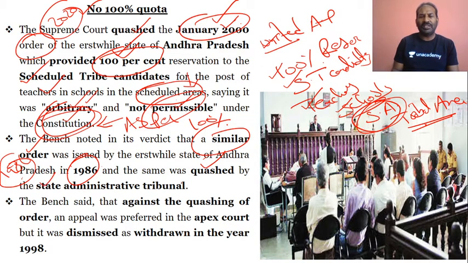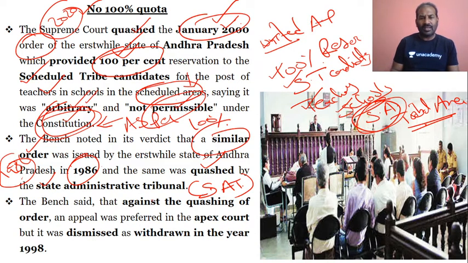By the State Administrative Tribunal, by the SAT, not by the court. Please do understand here: in 1986, giving 100% reservation to the ST candidates was quashed by the State Administrative Tribunal. But later on they approached the apex court.